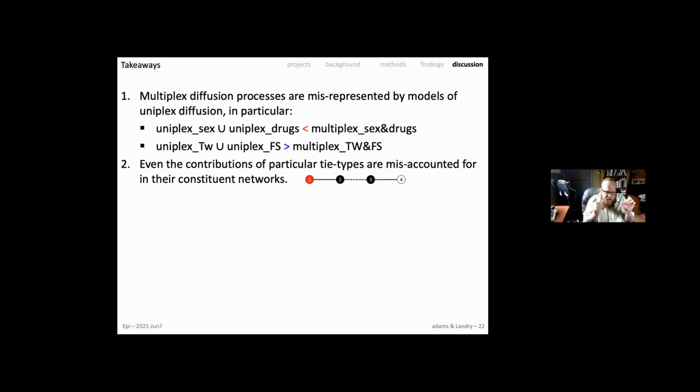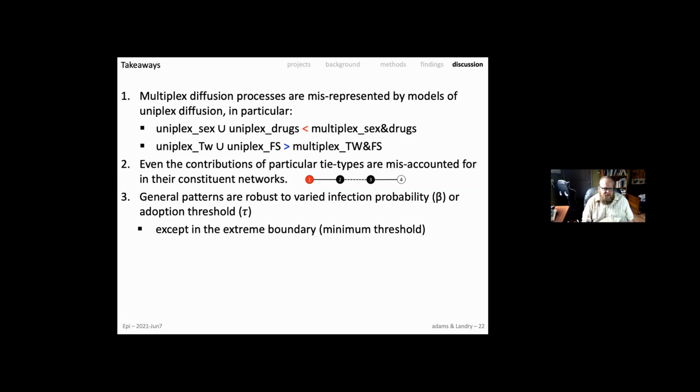And so the importance of sex ties for 1 to spread something and for 4 to get something are there, but they're missed by excluding those drug sharing ties amongst the rest of the population. So it's not just at the population level, but even the individual level, sometimes you're going to misunderstand how these ties matter for disease transmission or disease contracting possibilities by only using their uniplex representations.